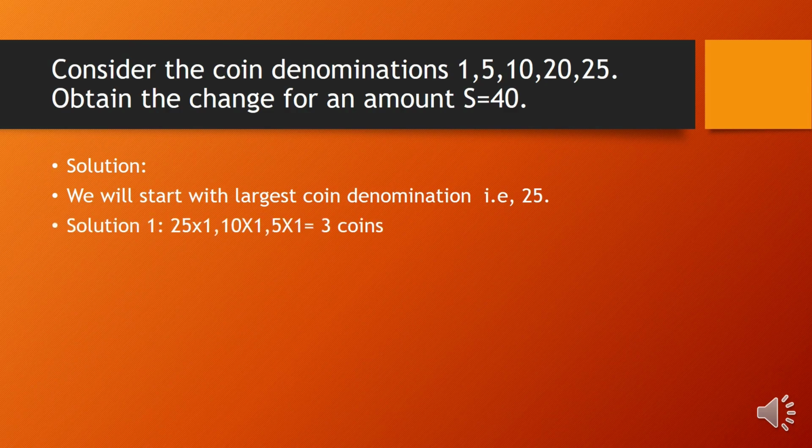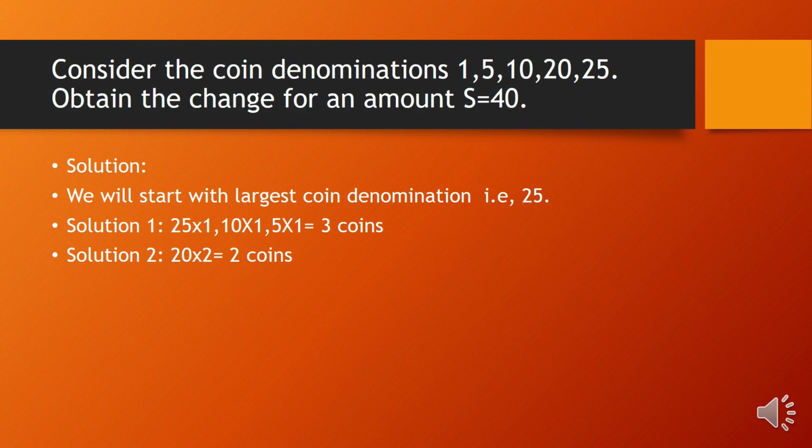Using which we can get a solution: 25 you can take one coin, and the remaining has to be 10 and 5. So in total we can use 3 coins. Can I say that this is the optimal or best solution? No, because our aim is to give fewer coins as change. So that's why I go to solution 2.